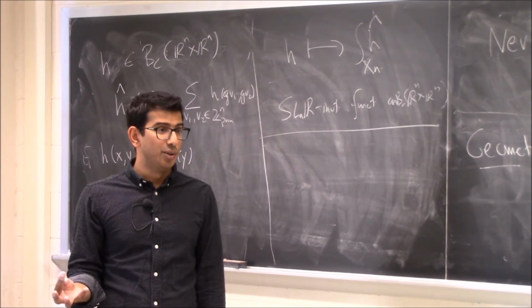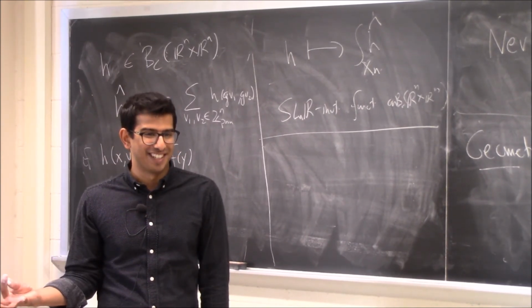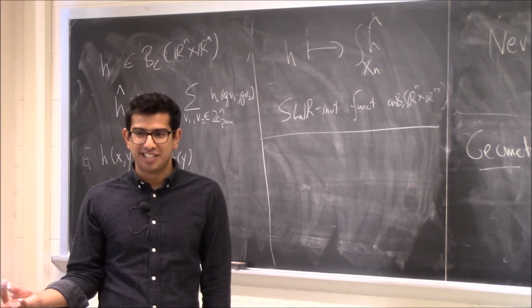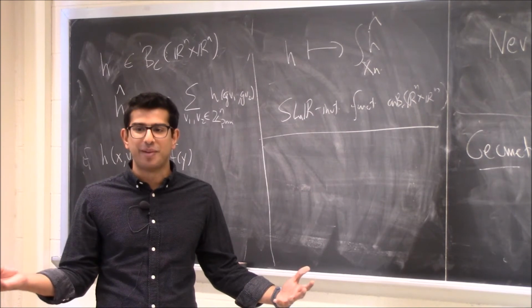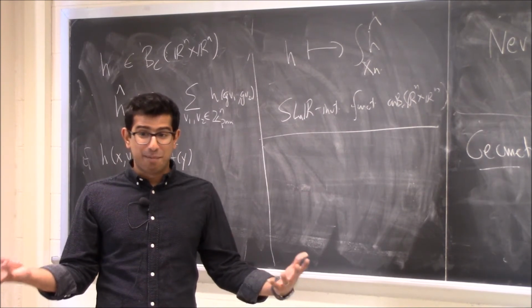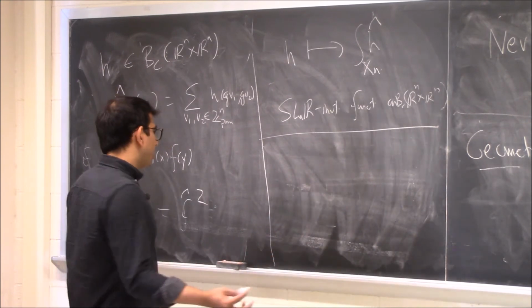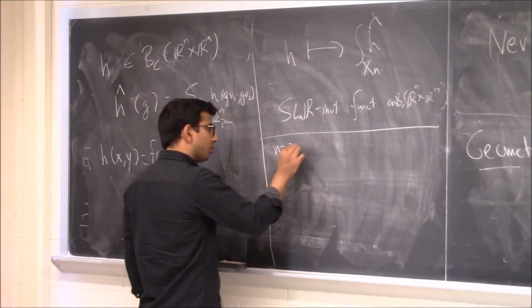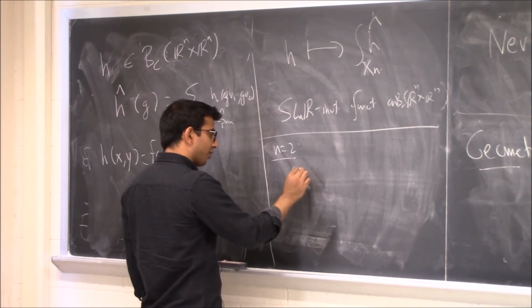For n equals 2, SL2 very much does not act transitively on pairs of vectors. Right? SL2 does not act transitively on 2 by 2 matrices. It preserves determinant. So if you do this for n equals 2, you can rewrite the integral of h hat.